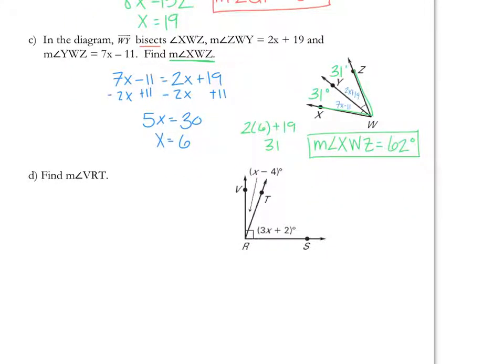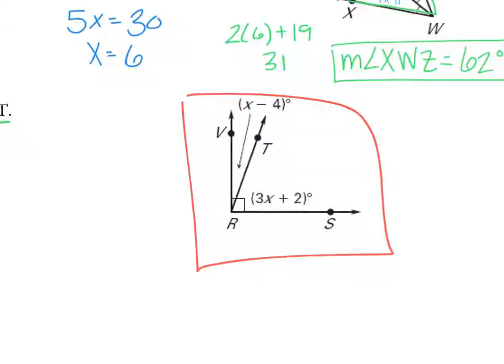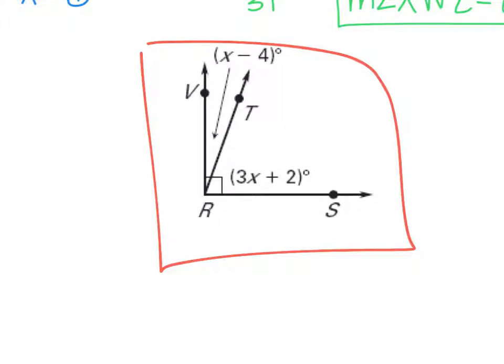Alright, we're not going to solve this one, but we are going to set it up. So this one doesn't tell you anything except what to find. So if we look at this picture, it must tell us something. Well, there's no tick marks to show that they're equal, and they don't even look the same for the angles. We also see, though, this little symbol right here. That is a right angle symbol.